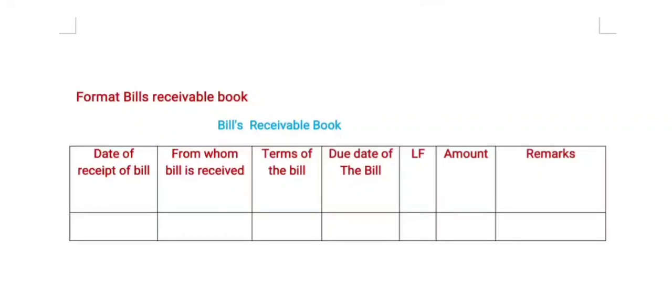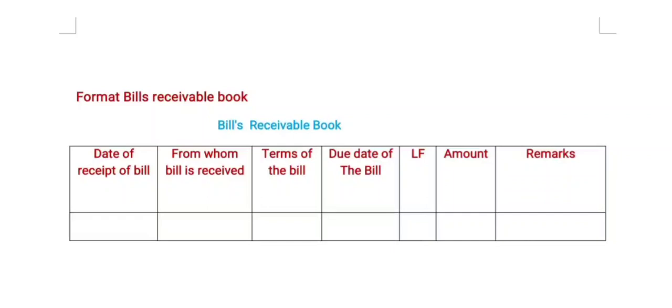Now coming to the due date of the bill. Here every bill has a due date. The actual term written is 1 month, 2 months, 3 months. The due date is calculated including extra days or grace period, that is 3 days of extra days. Now coming to ledger folio, it is related to the ledger number of the transaction. Now coming to amount, it is based on the given transaction.